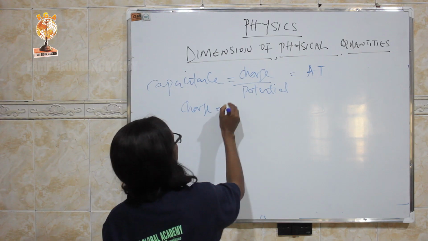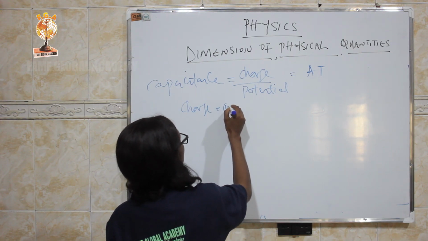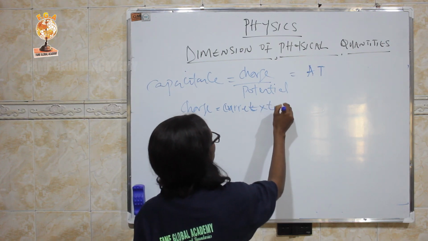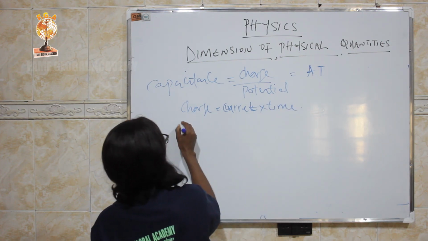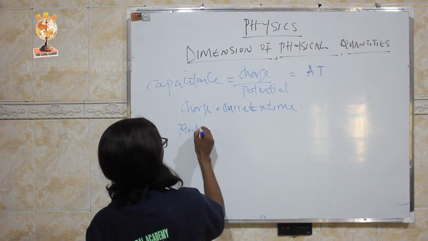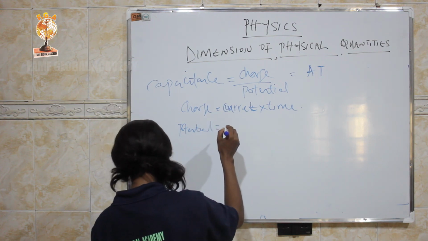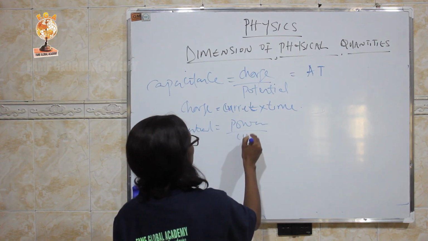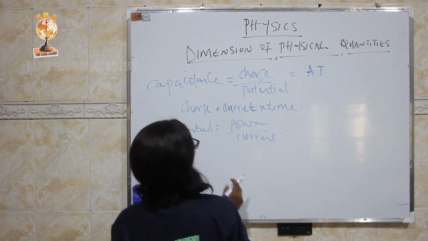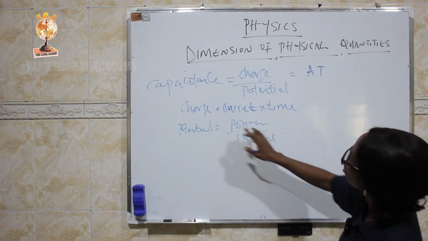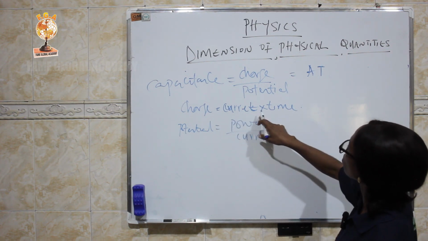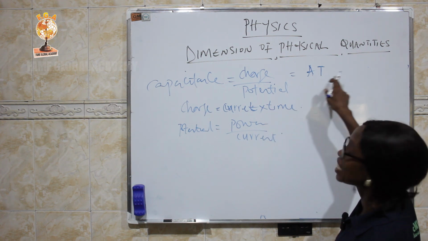We said charge is current times time. And then potential, what we just did just now, potential is power over current. If I combine these two together, charge is current times time. Current multiplying time. That's why I'm putting it as AT.